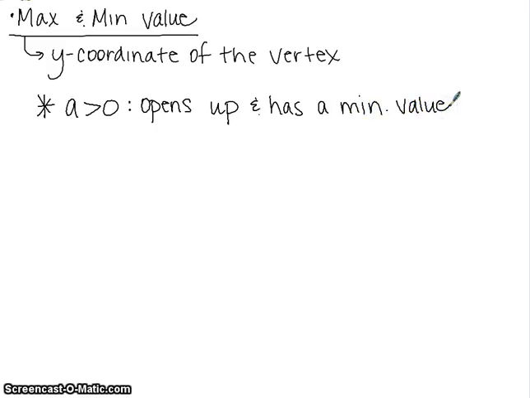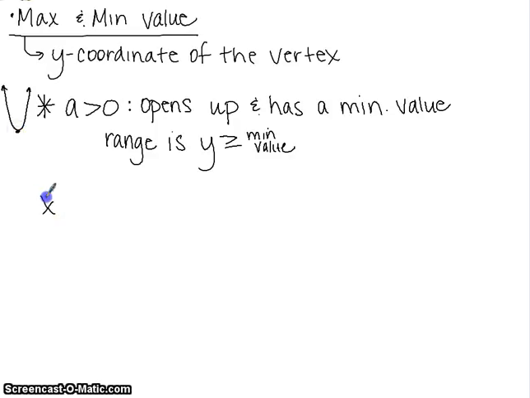That also means that your range, meaning domain and range, is y greater than or equal to whatever that min value is. A parabola that opens up, like this, has its minimum at the bottom. That's the smallest value it's ever going to get.